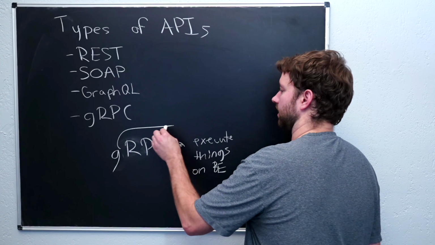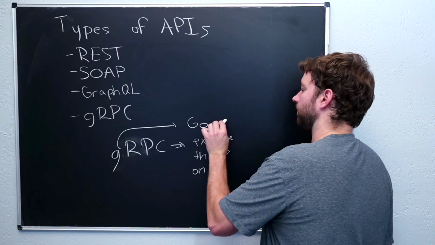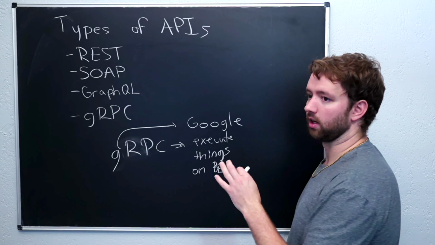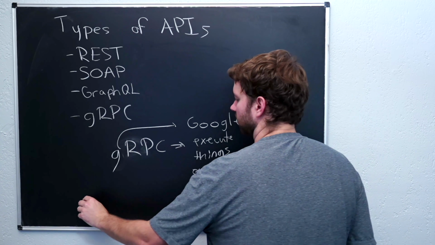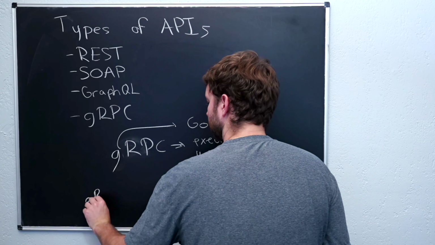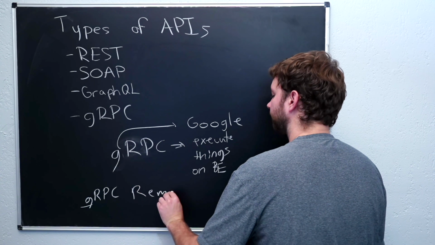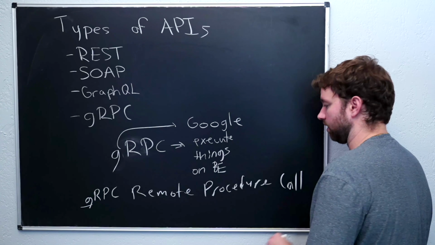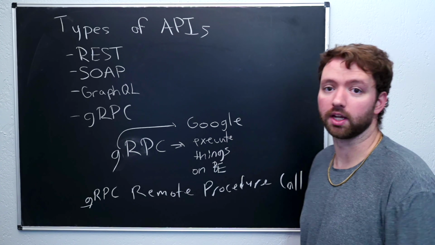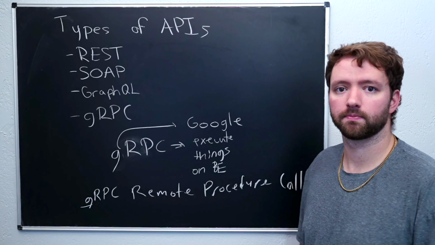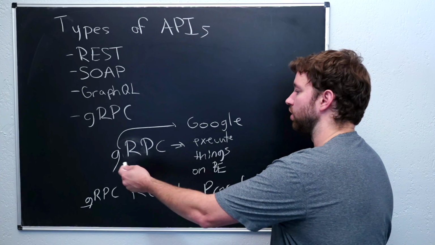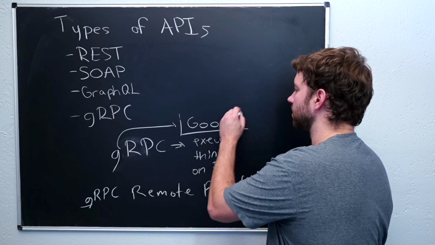Now, many people are going to say that this G stands for Google. However, I think officially this stands for gRPC Remote Procedure Call. So it's just a recursive acronym. You'll see this quite commonly in different technologies. But ultimately, when you see gRPC, you can think Google Remote Procedure Call.